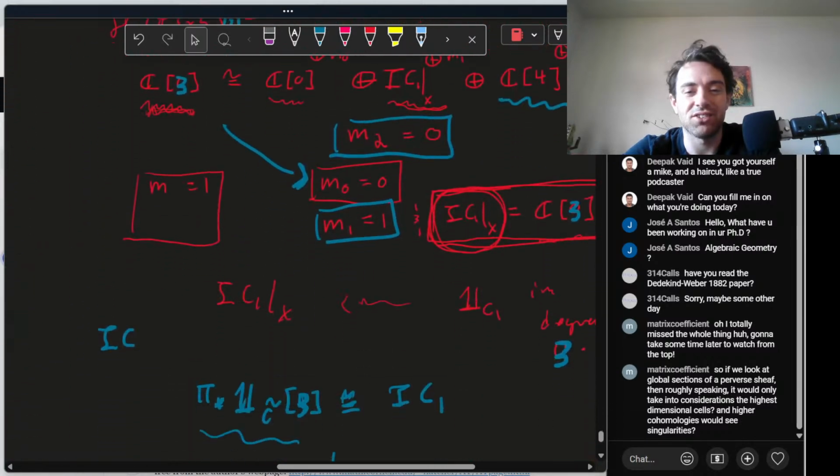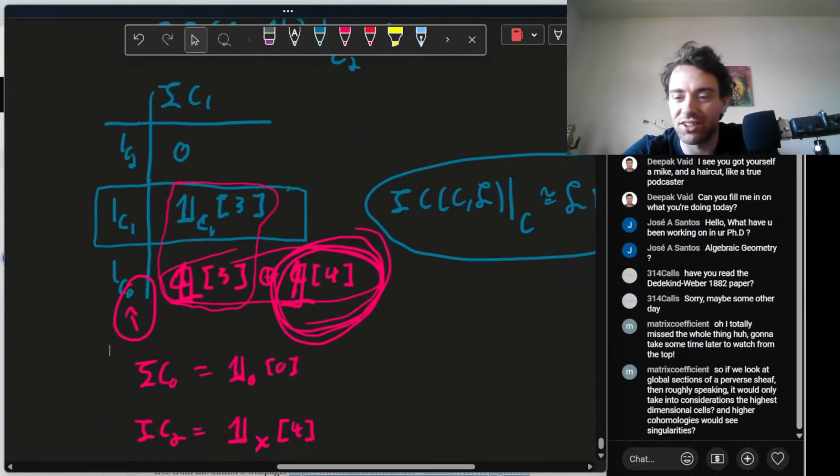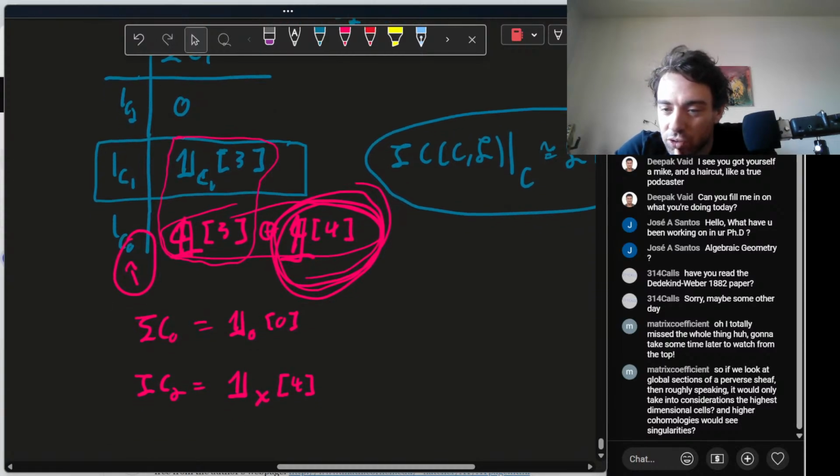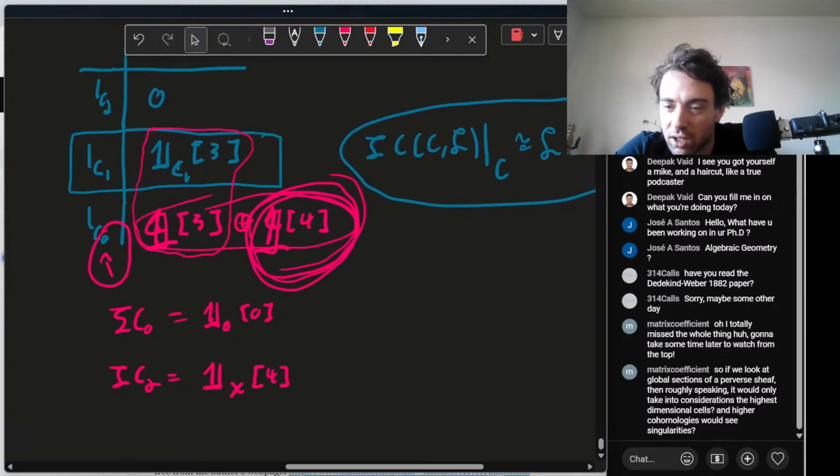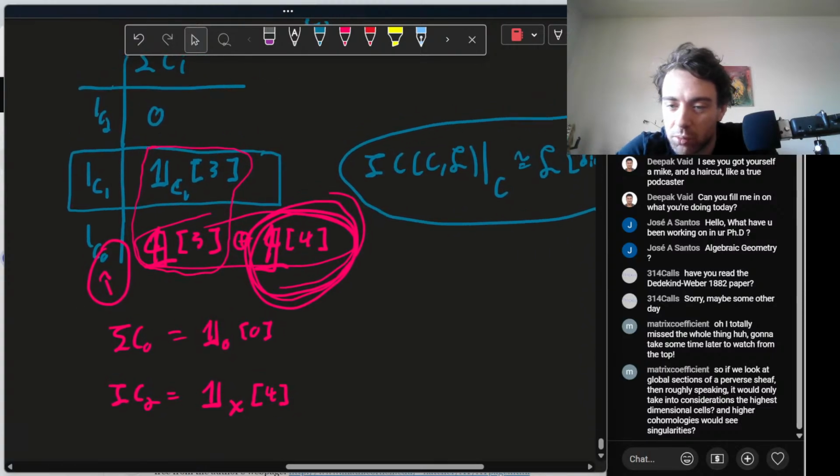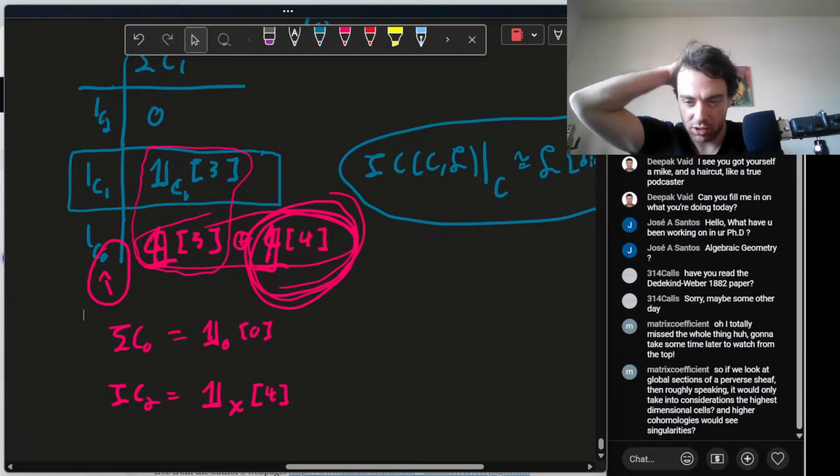If we look at global sections of a perverse sheaf, roughly speaking, it would only take into consideration the highest dimensional cells, and higher cohomologies would see singularities.